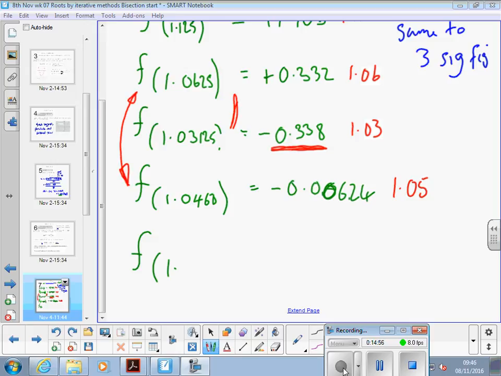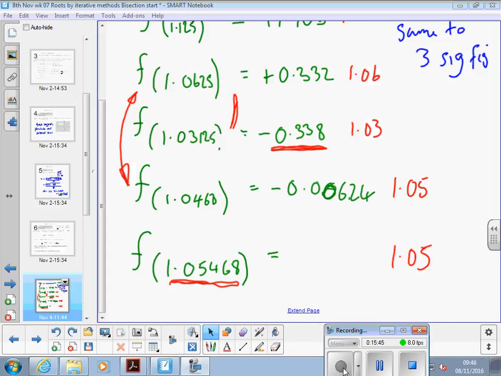Halfway between 1.0625 and 1.0468, we can already see that root, to three significant figures, is 1.05.